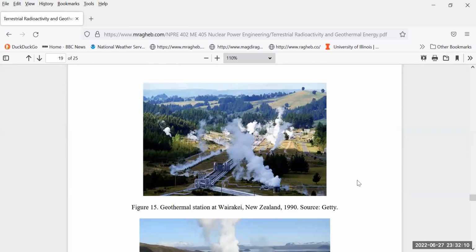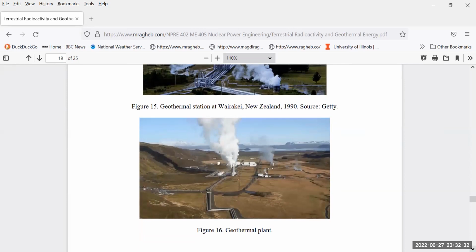And it has been exploited in New Zealand to a large degree. You could see here that one of those geyser fields, instead of having it as a natural kind of a park like in the United States, they installed all that piping here, and they're using the steam to run turbines and produce electricity.